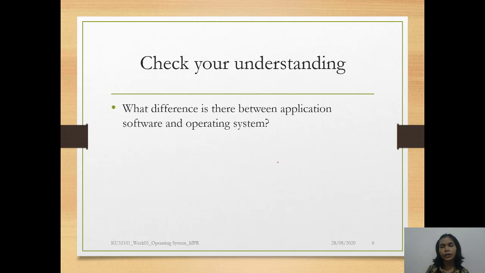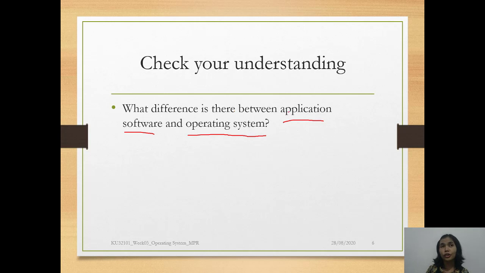And then there's also a question over here. What is the difference between the application software and the operating system? As you know, now you know the examples of operating system, and I'm pretty sure that you're also familiar with the application software, like for example Gojek or Shopee and etc. What are actually the difference between these two?